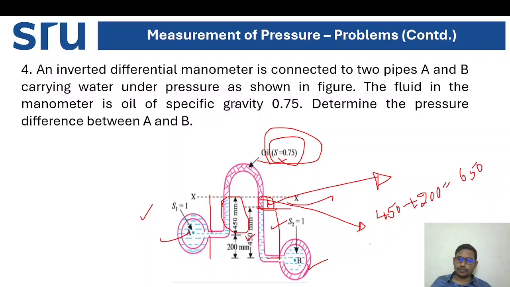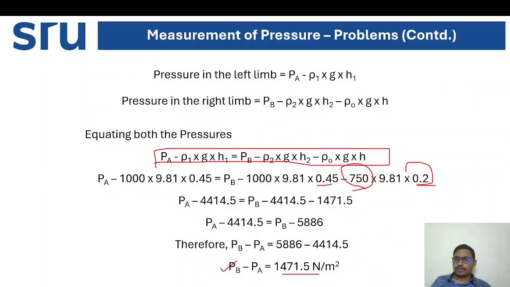Right side we have 450. So 650 minus 450, that is equal to 200. This 200 is also treated as 0.2.